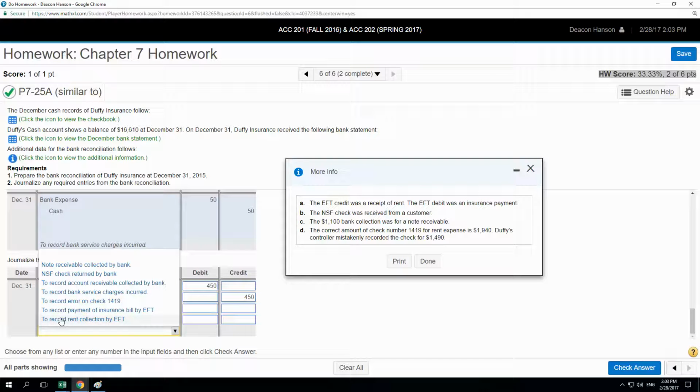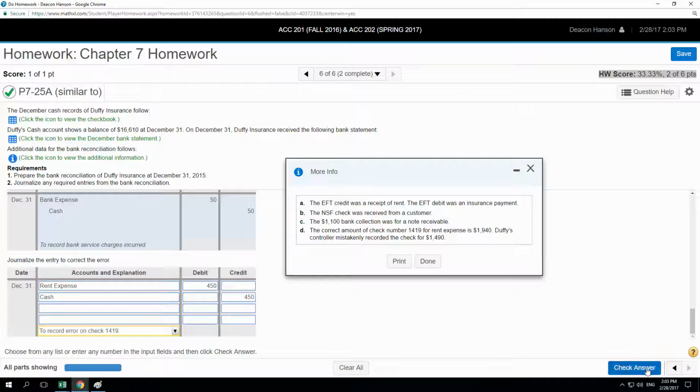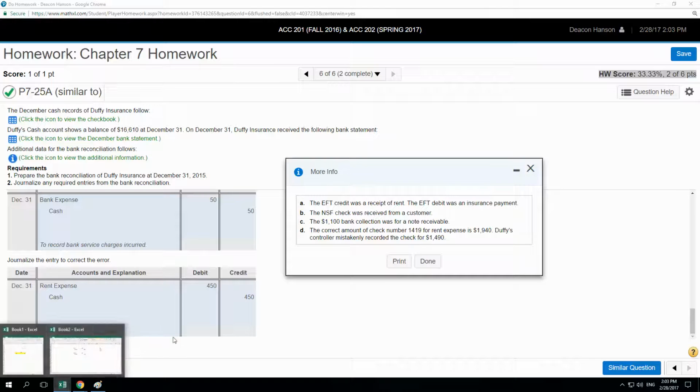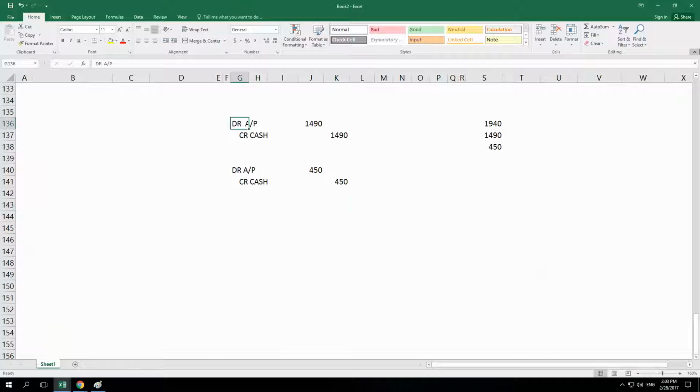let's see if we got the right choice. To record error. Which one do you like? The check one. Okay. And over here, this wouldn't have been AP, it would have been rent expense.